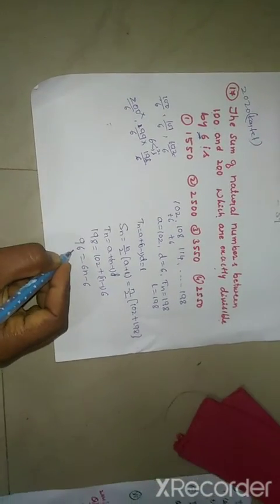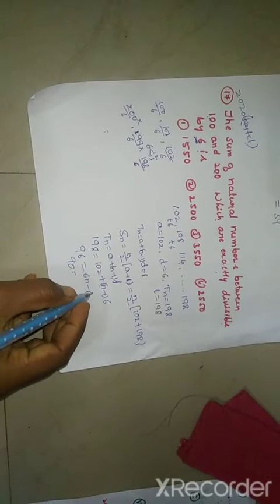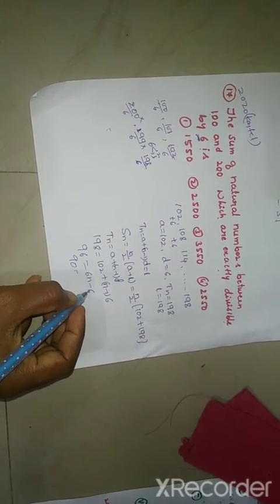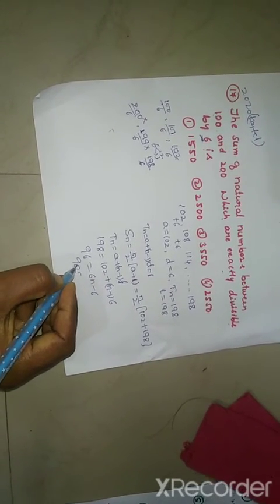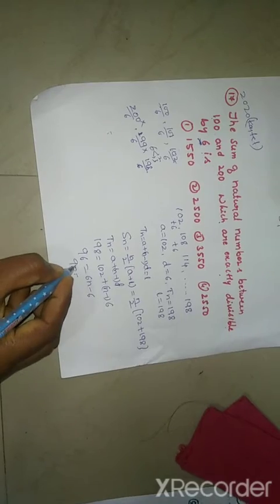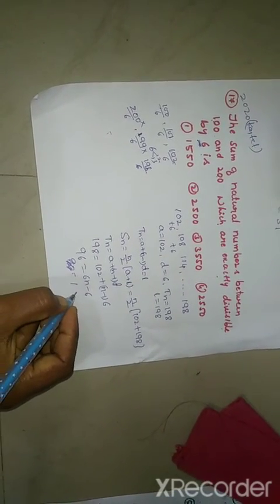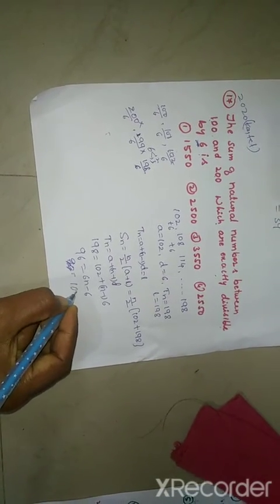If we shift 6 here, we get plus. 96 plus 6 is 102.